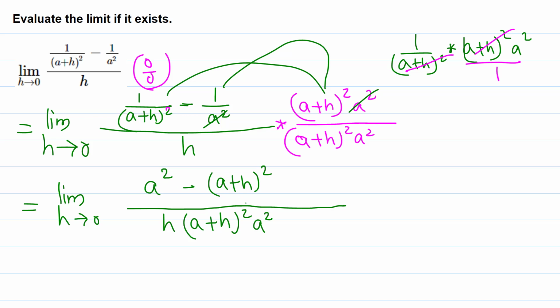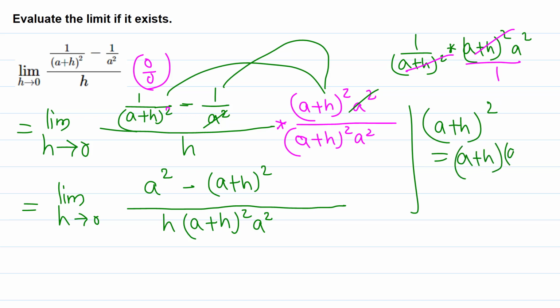Now we need to simplify the top. Here we got (a plus h) squared, so what is (a plus h) squared? This is not simply a squared plus h squared. This one is in fact (a plus h) times (a plus h), so we need to multiply.